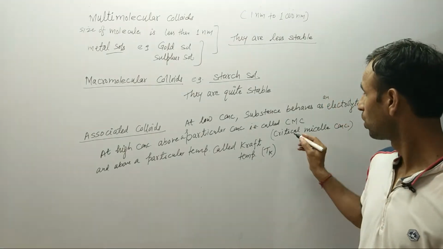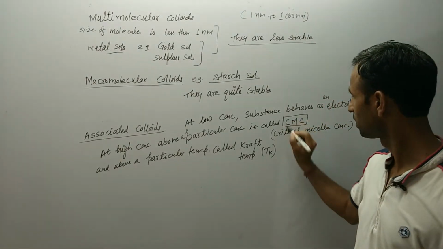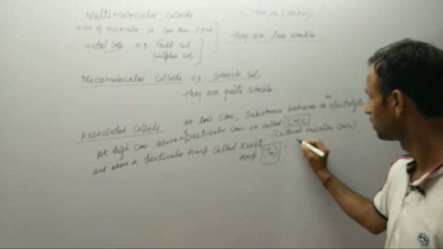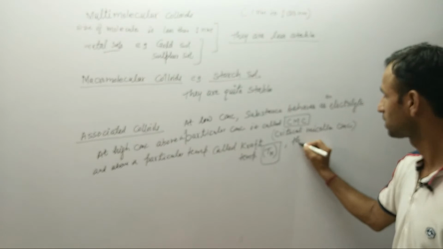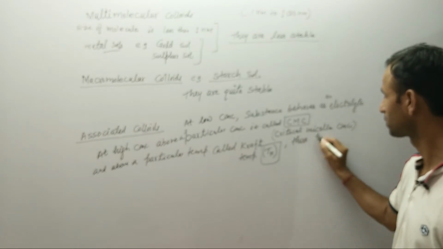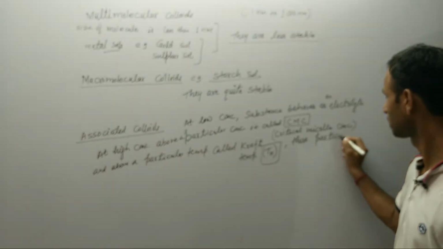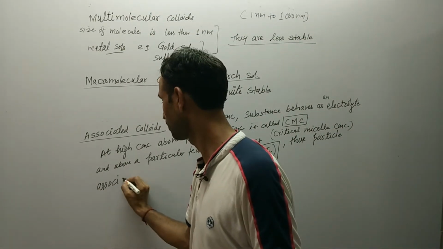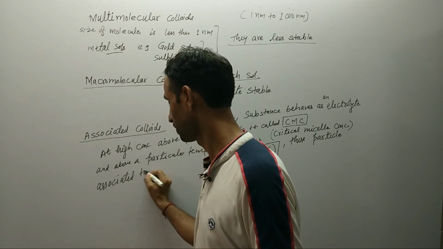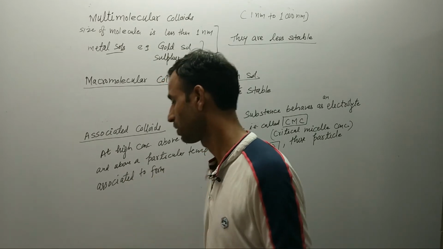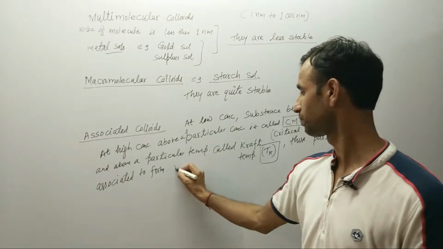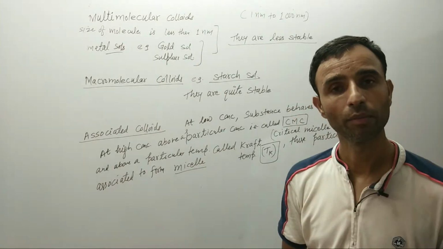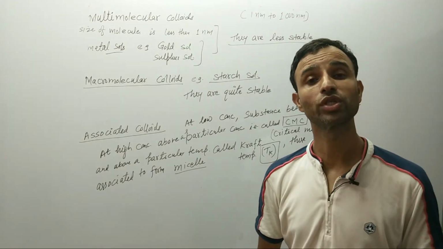So above CMC and above TK, these particles associate to form micelles. And that is called associated colloid.